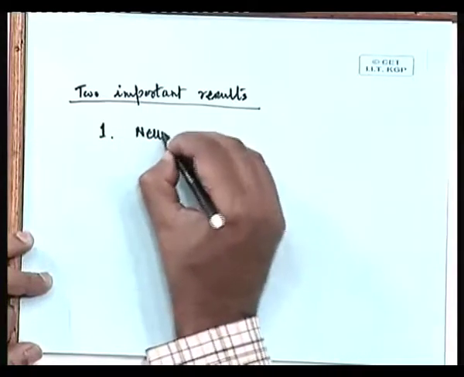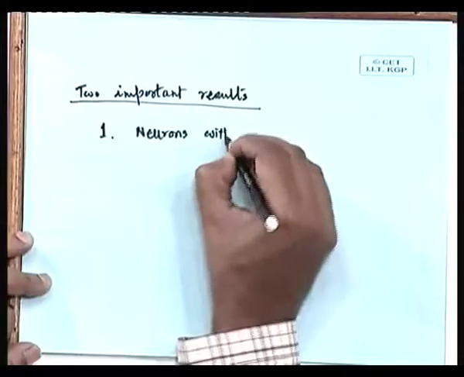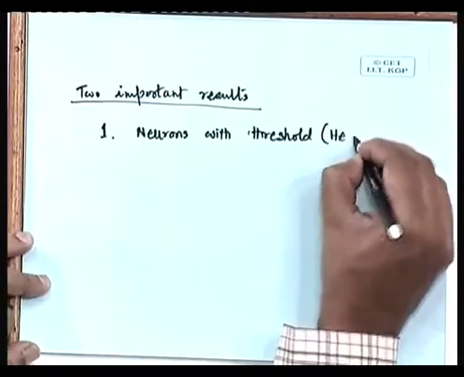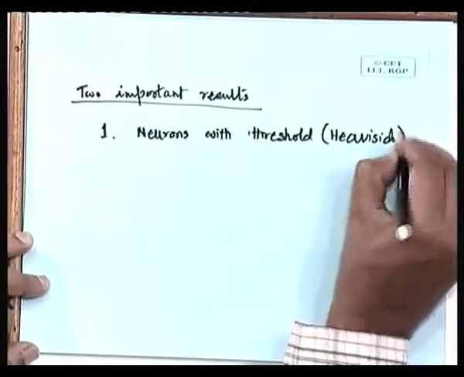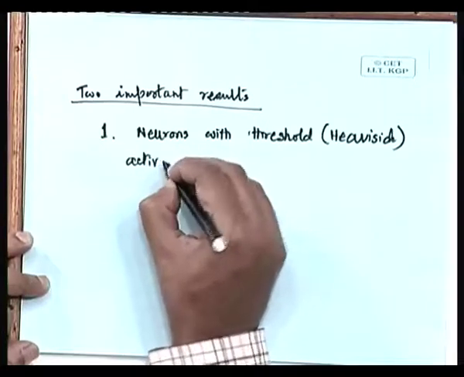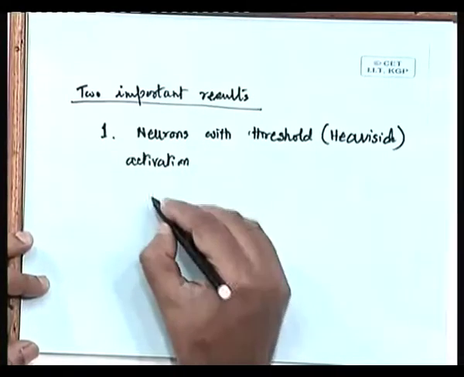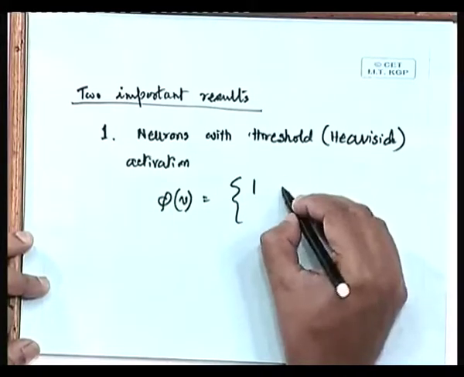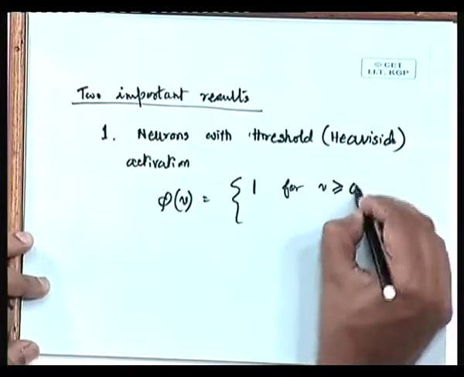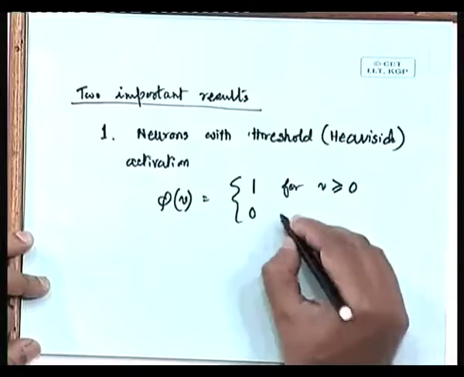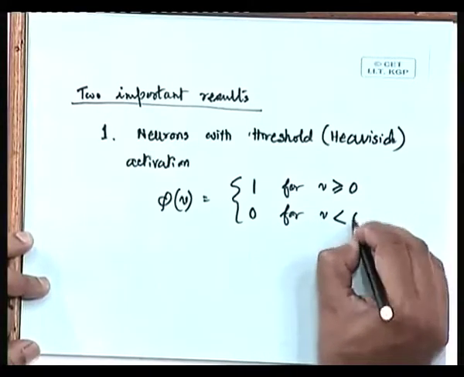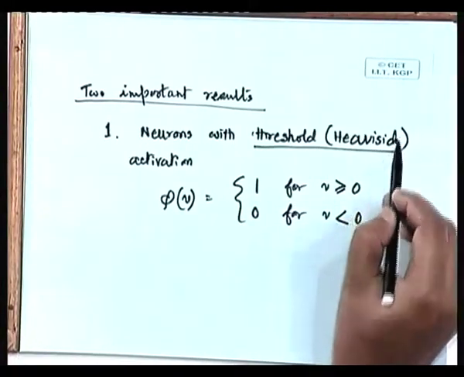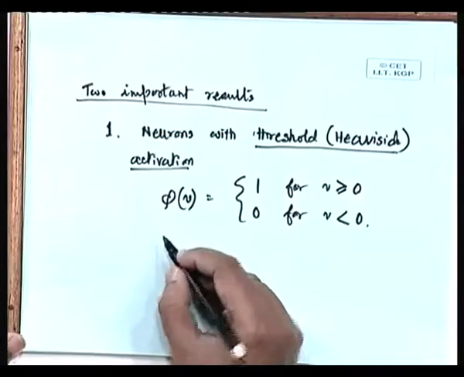Threshold activation we also describe as the Heaviside function, which is of the form phi(v) equal to 1 when v is greater than or equal to 0, and equal to 0 otherwise, that means for v less than 0.